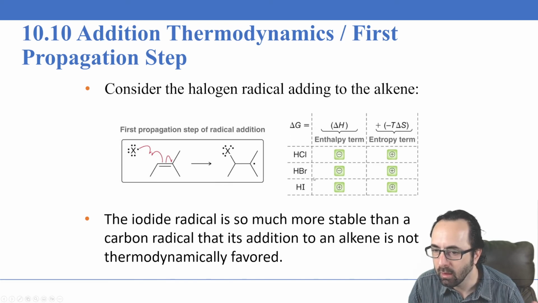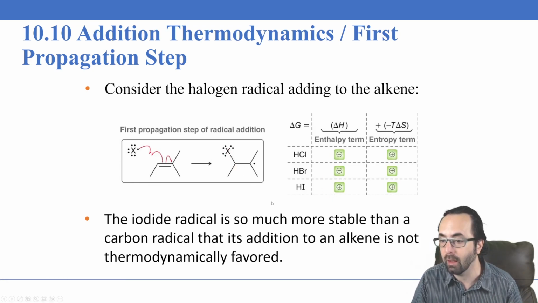It's because the carbon-chlorine bond is stronger than the carbon-bromine bond, which is stronger than the carbon-iodine bond. So the carbon-iodine bond is weaker, so we're getting less energy out when that bond is formed compared to the energy we had to put in to break the pi bond.